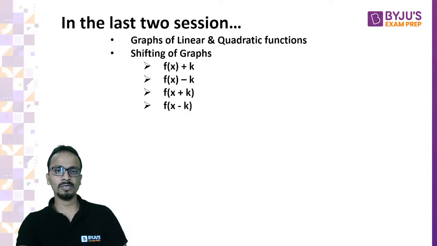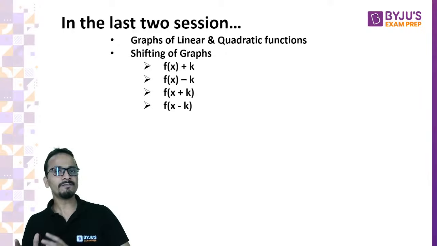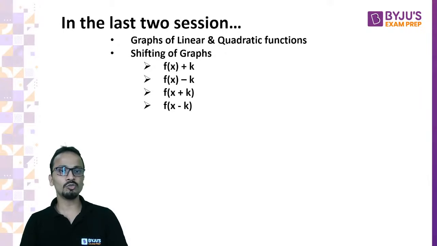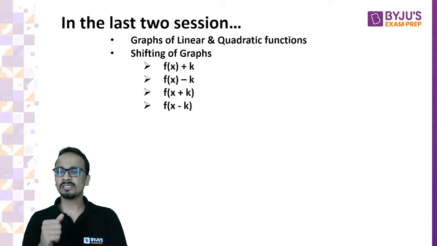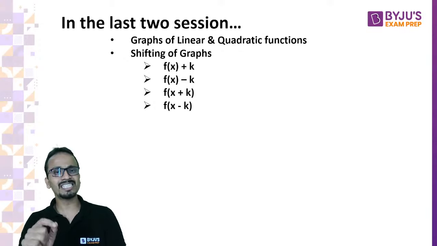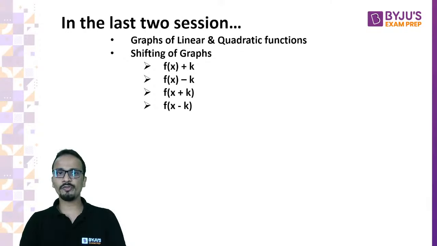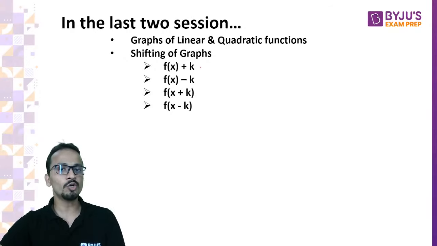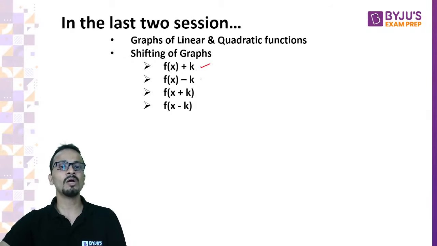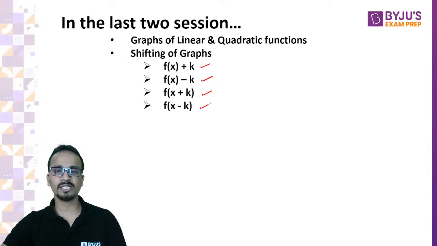Moving further, in the first session related to graphs, we have also discussed some of the graphs related to shifting. If we are given a graph of y equal to f of x, and you have to plot the graph of y equal to f of x plus k, y equal to f of x minus k, y equal to f of (x plus k), or y equal to f of (x minus k), we have seen that in these four cases the graph will shift.